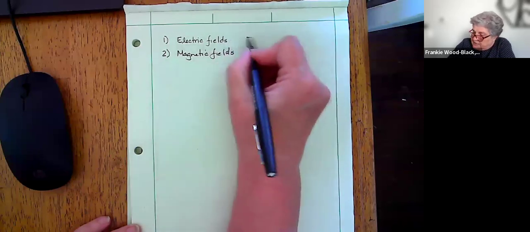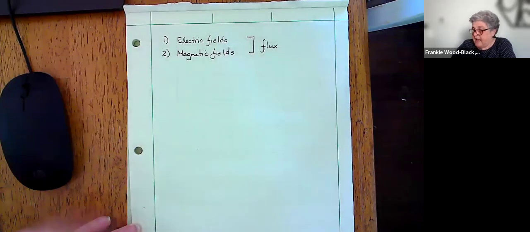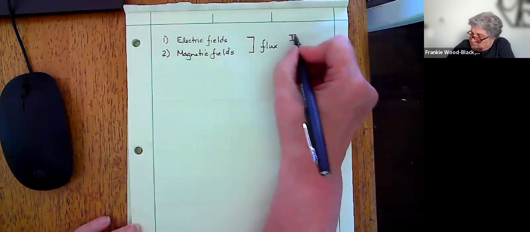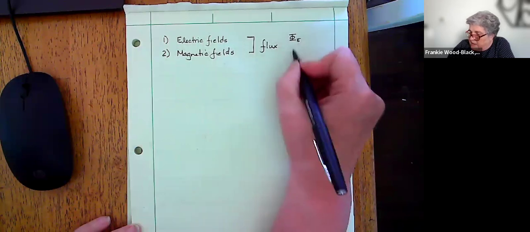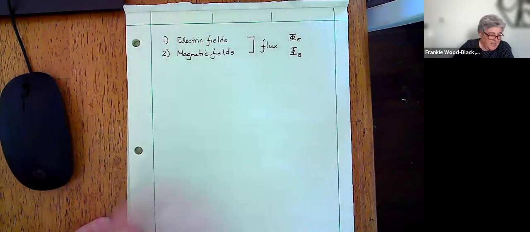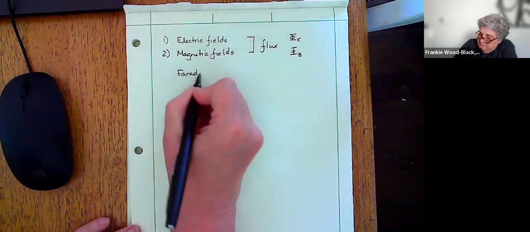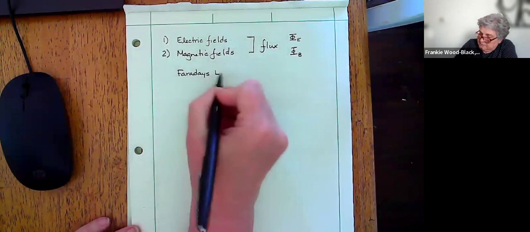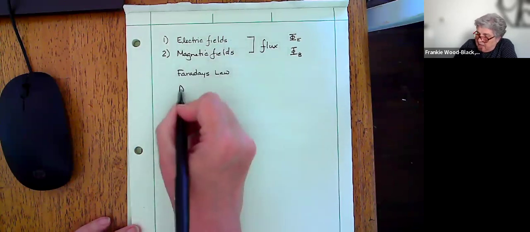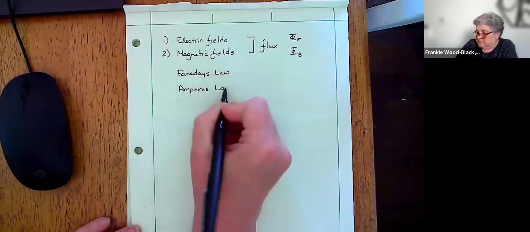Now, both of these dealt with flux. I had my electric flux and I had my magnetic flux. Then we had Faraday's law. And we had Ampere's law.